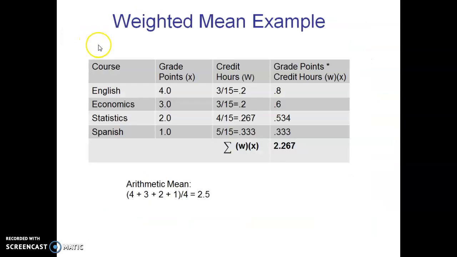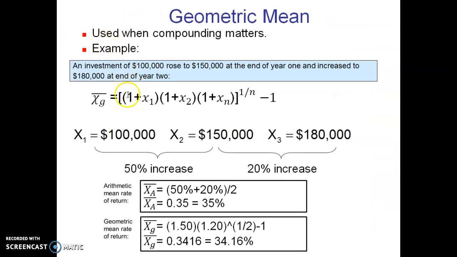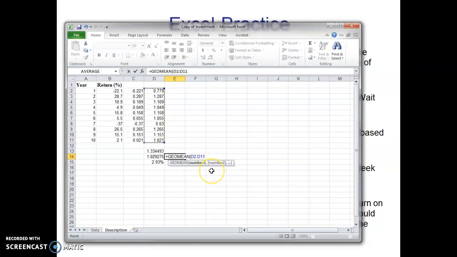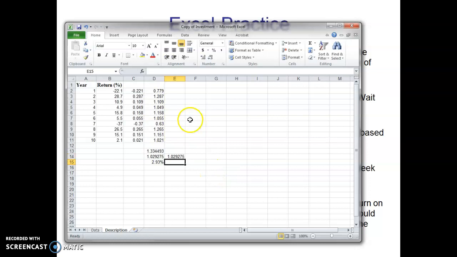In essence, Excel is looking at this portion of our formula, this whole thing right here, okay? So when we click Enter, it's going to give us the same value that we got using the manual operations.